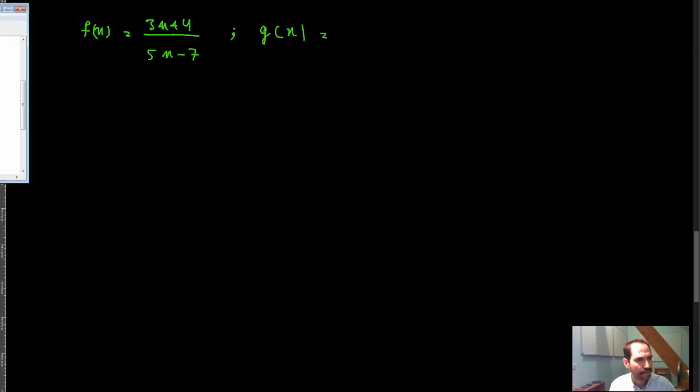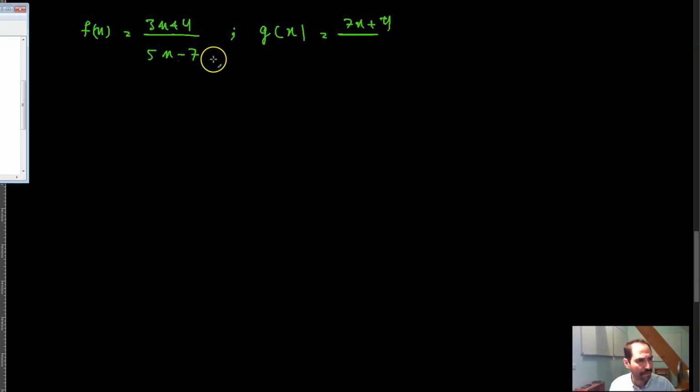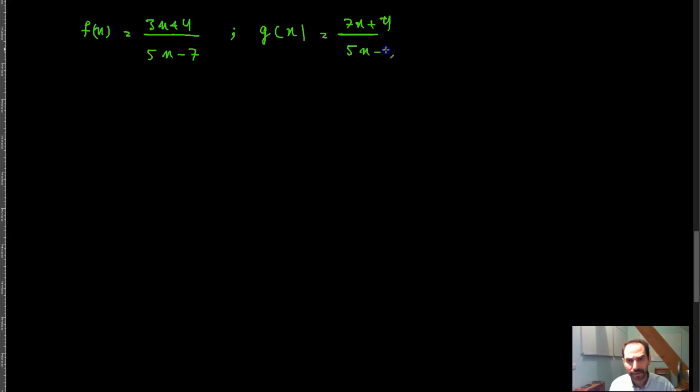Okay, so now we said that f of x is equal to (3x plus 4) over (5x minus 7), and g of x was equal to (7x plus 4) over (5x minus 3).